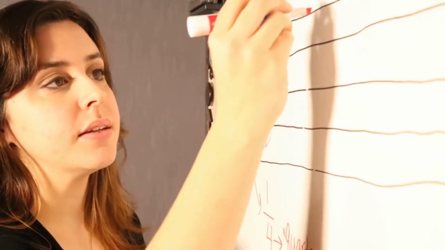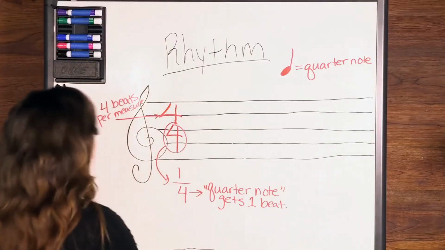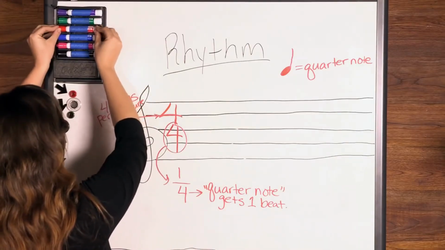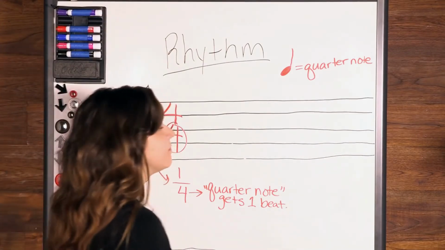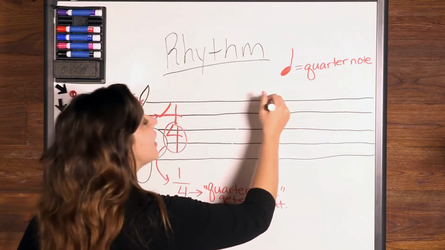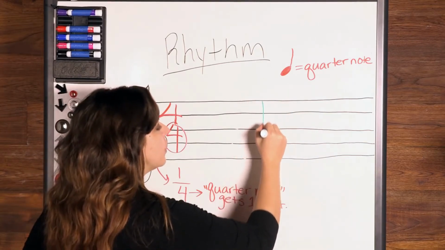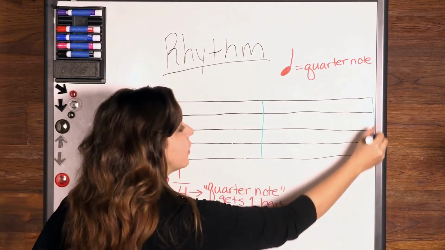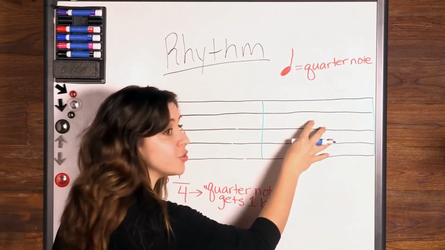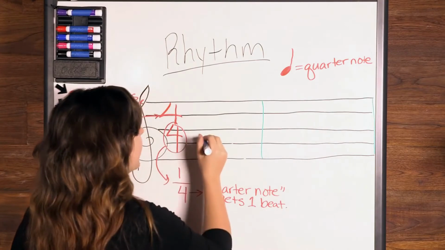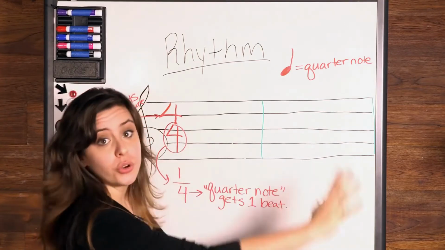In this case, let's say I have two measures here. Yes, so here's my measure 1, and here's my measure 2. Let's say I have all quarter notes.